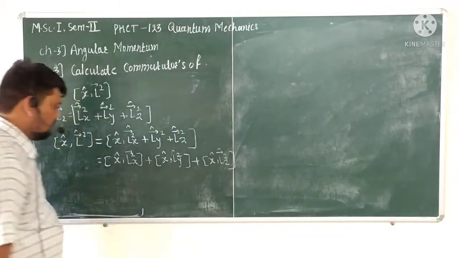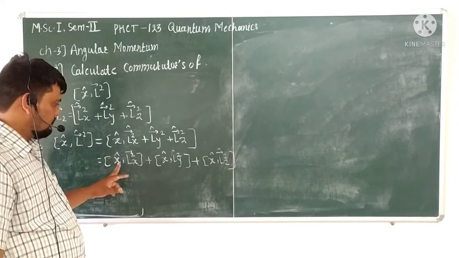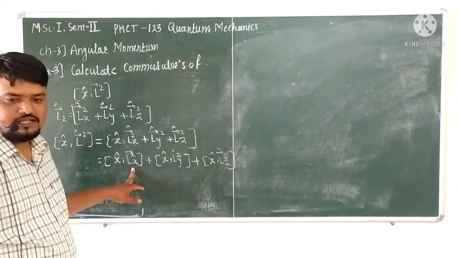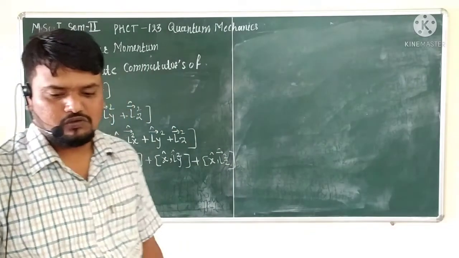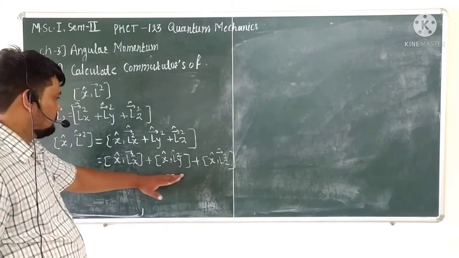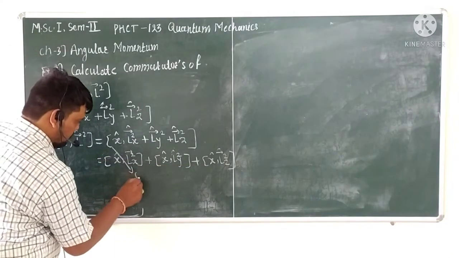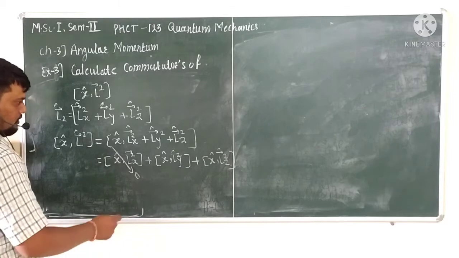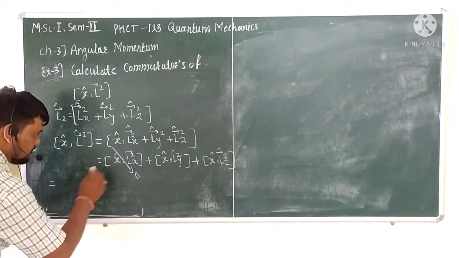Okay, we have to know that x cap commutes with this Lx, so this bracket is 0. And again we want to split these two brackets.